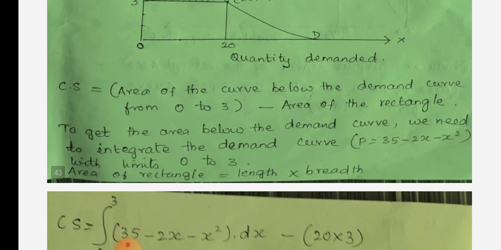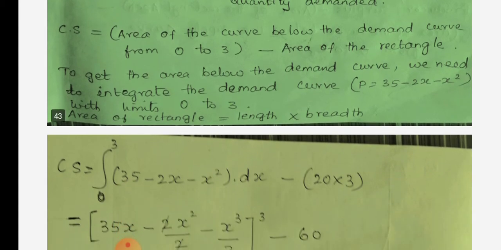We get the area below the demand curve when we integrate the demand function. We need to integrate the function P is equal to 35 minus 2x minus x square by giving limits 0 to 3. When we give the limits from 0 to 3 and integrate, you get the total area of the portion which is below the demand curve. And from that we have to delete the area of the rectangle.